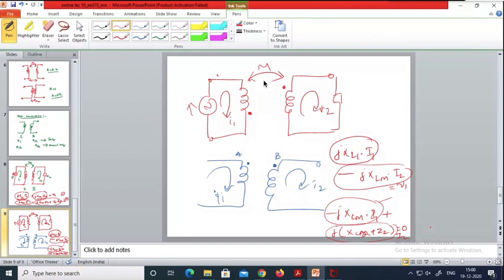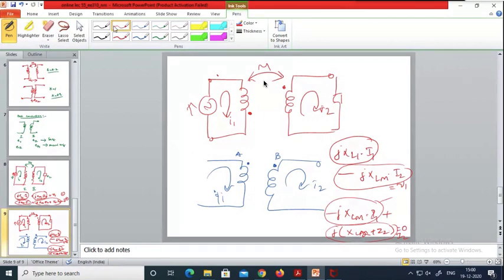Because a transformer is a static device which will be having two coils linked to one another, you can find those things with respect to the dotted terminals.